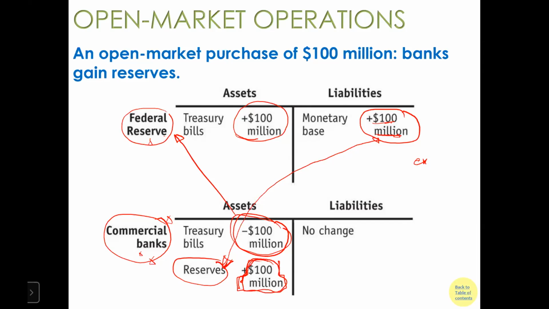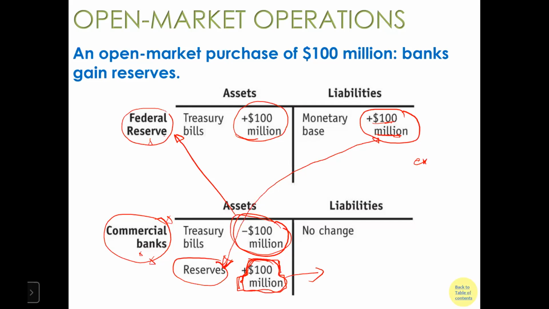And when they start to make loans based on this $100 million of reserve, the multiplier we talked about at the beginning of today's class will kick in. In other words, commercial banks start to generate money supply.